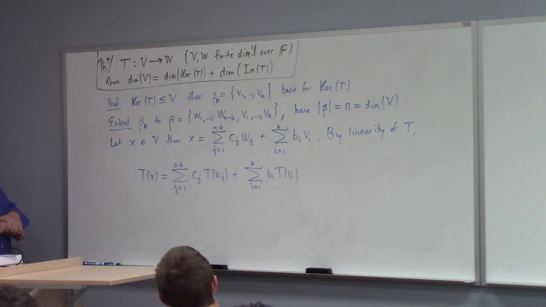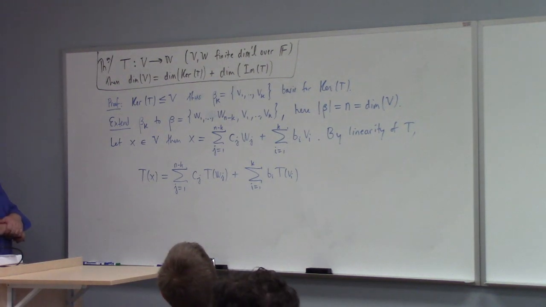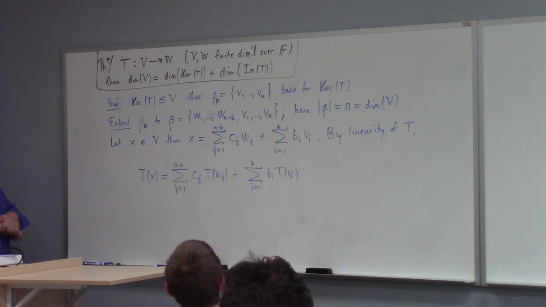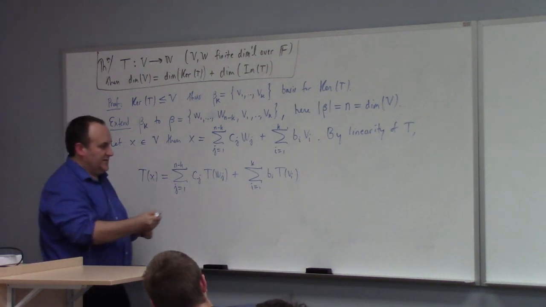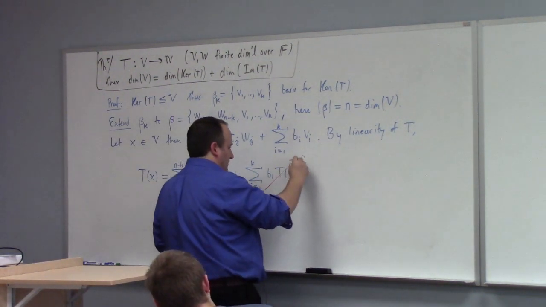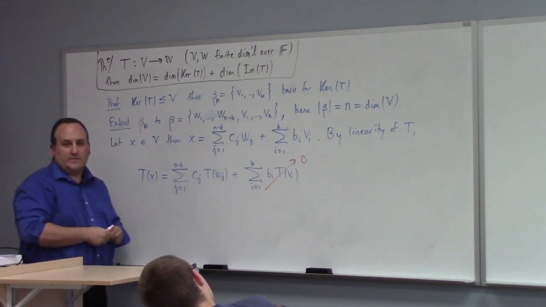So, what can you guys tell me about this? Well, T of wj is in, wait, no. T of vi is in the, no, vi is in the kernel. Mm-hmm. Which means T of vi is 0. Very good. So this is 0, right?